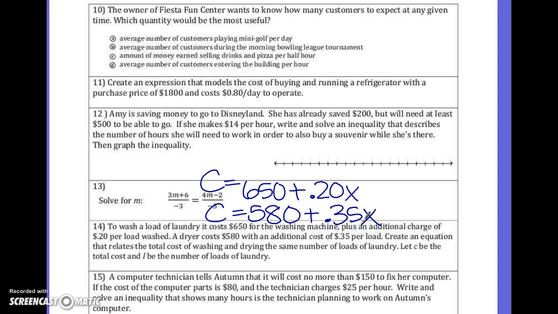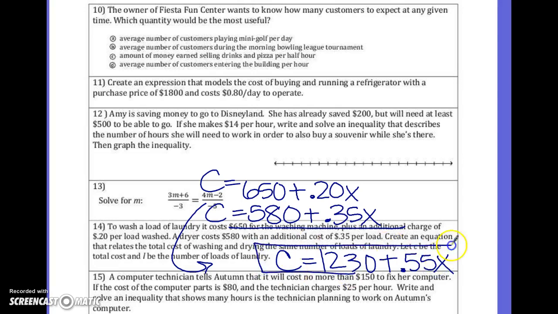So the total cost, the equation I'm going to write down here, we're going to have total cost, C is going to equal, well, I'm going to add my two together because I want the total cost here. So it's going to be $12.30 for both the dryer and washer, and then the price of running the machines. Each load is 55 cents for both machines. So that's our total cost. Just add them straight down together.